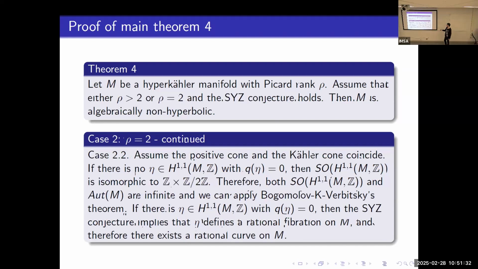Therefore, again, the automorphism group, which is commensurable to this one, must also be infinite, and we can apply our theorem with Bogomolov and Misha Verbitsky and deduce algebraic non-hyperbolicity as well. And of course, when you have a rational fibration, that's ultimate.